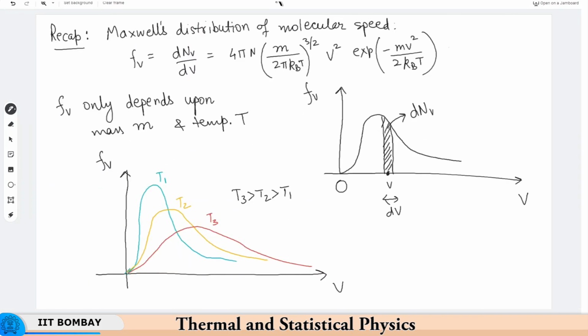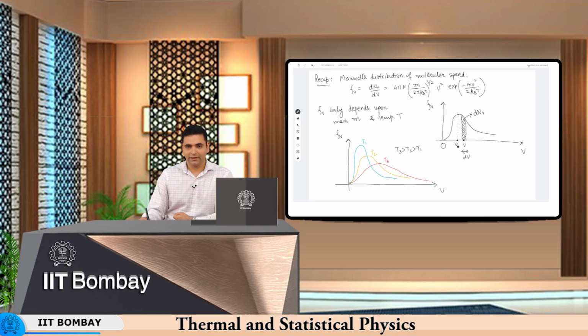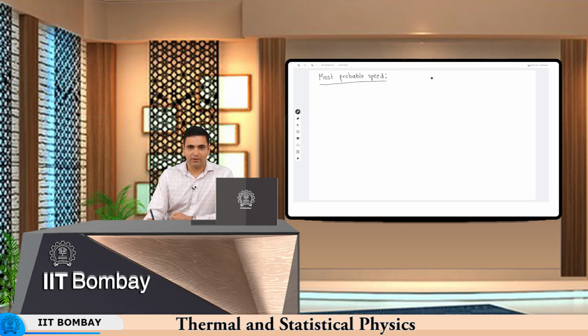As the name suggests, from the distribution there is a speed for which the maximum number of molecules are moving with that speed, where the distribution achieves a maximum value. We can call this V_p. So the most probable speed of the gas molecule is nothing but the maximum of the Maxwell distribution.